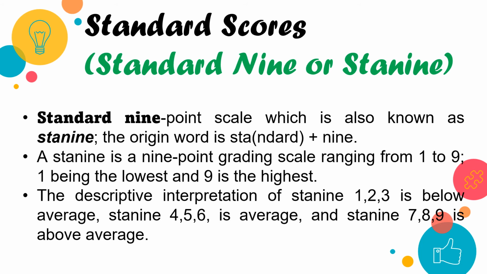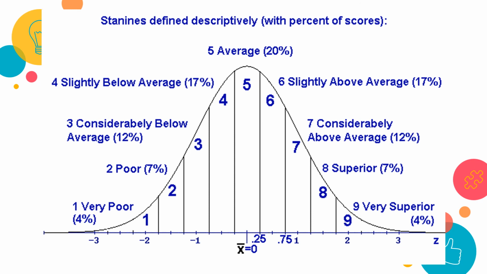STA 9 grading is easier to understand than the other standard score models. Let's look at why it is easier. The descriptive interpretation of STA 9 1, 2, 3 is below average. Take note. STA 9 4, 5, 6 is average, and STA 9 7, 8, 9 is above average. Now let's try to look at this figure.